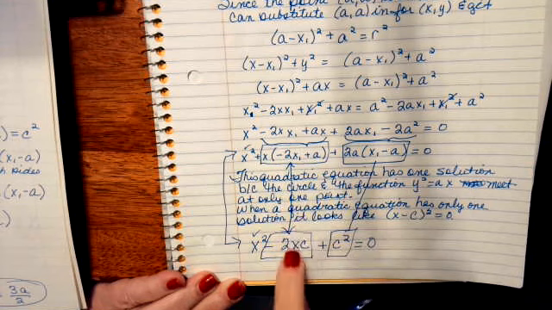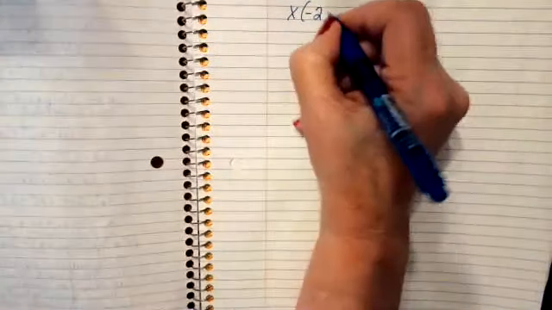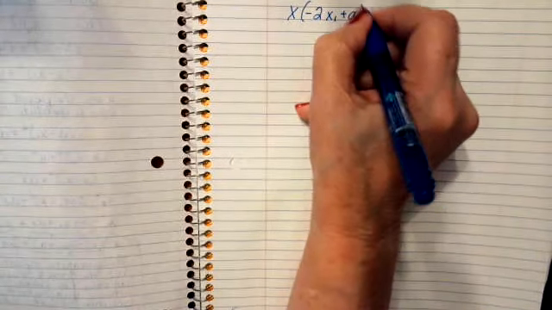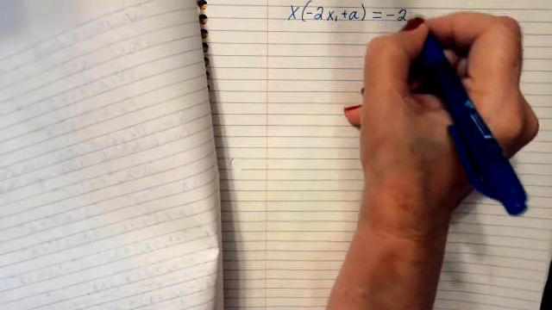All right, so let's set those equal to each other. Let's take x times (-2x1 + a) and set it equal to -2xc. Okay, that's those two terms. Set them equal to each other and see what we get. Well, we can divide both sides by x.